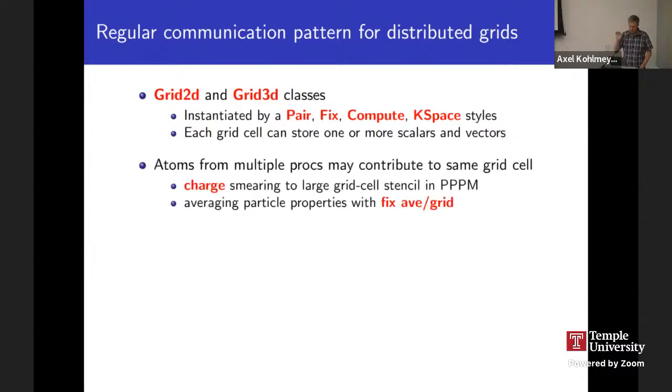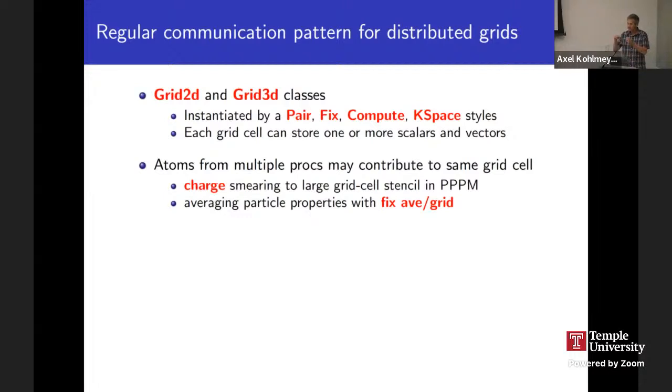So as I've tried to emphasize, atoms from multiple processors may contribute to a single grid cell. A good example, or two good examples here, is that when you do charge smearing for P3M, you define a particle and you say that's going to affect the grid, which is going to be used for the FFTs, and that's going to affect a stencil that's 5 by 5 by 5. So 125 grid cells get a portion of that charge smeared to them by that single particle.